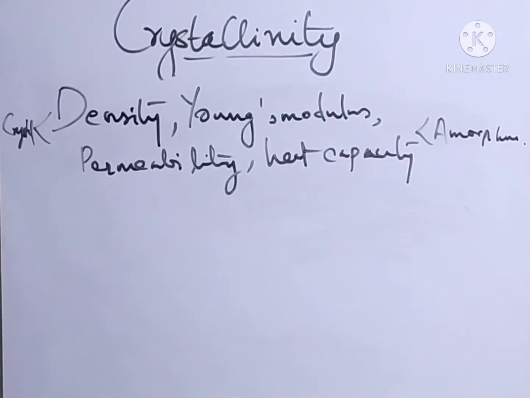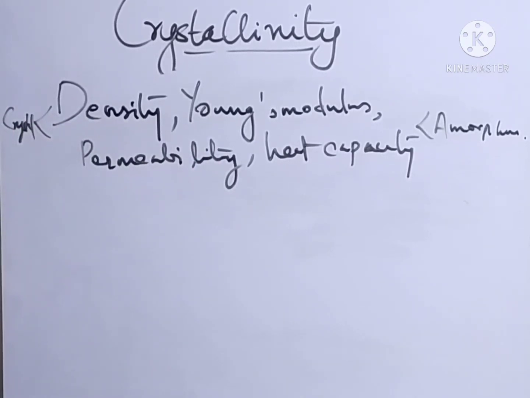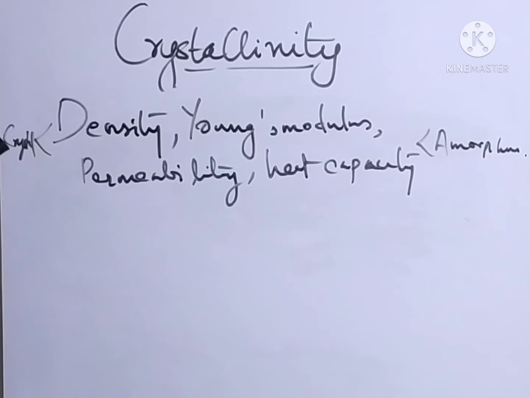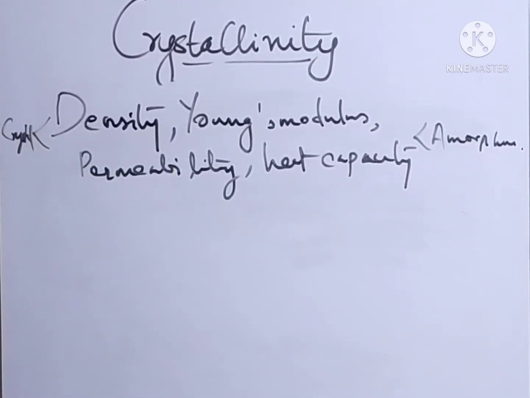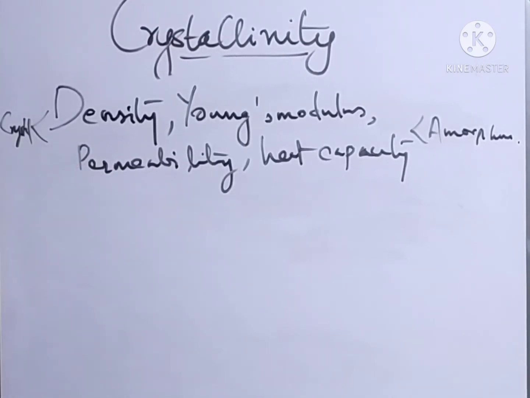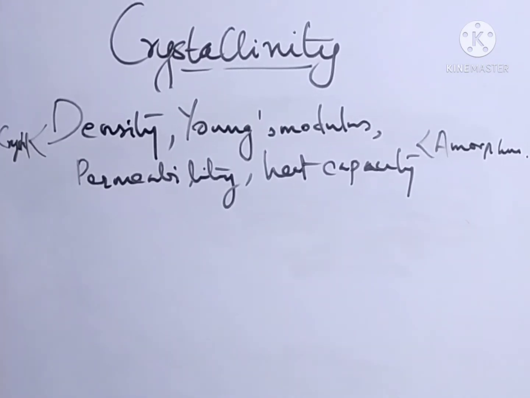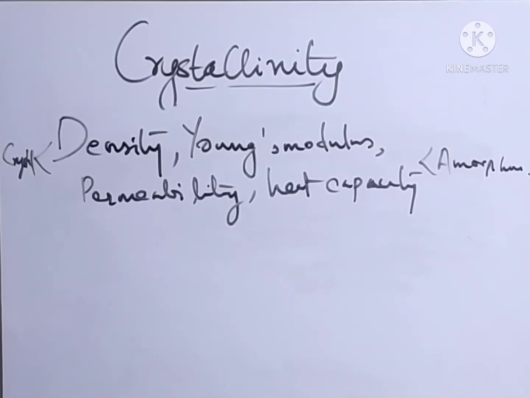That means the density of polymer substances is greater than amorphous substance but lesser than crystalline substance. That is, it lies between these two. And all these properties are like this. About permeability, amorphous substances have more than crystalline substances. So for polymers, permeability is greater than crystalline substances and lesser than amorphous substances.